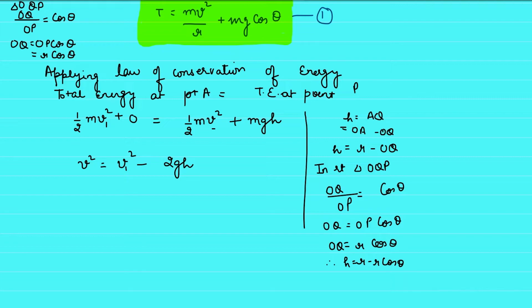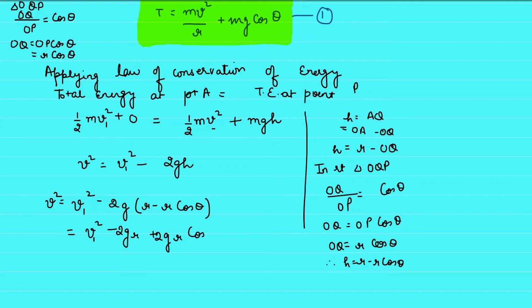Now if I put the value of h here, the velocity v will come out to be v1 square minus 2g into r minus r cos theta. So if you open this, this will be equal to v1 square minus 2gr plus 2gr cos theta.